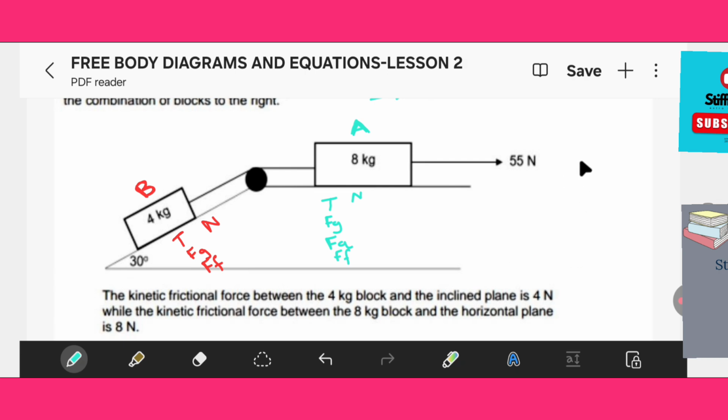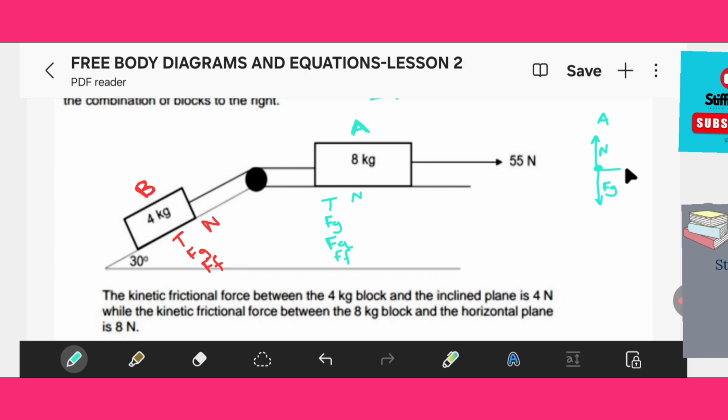So the free body diagram of this object now, so this is object A. So let's see how we can draw the free body diagram. So we are going to have the object represented by a dot, and straight up we are going to have the normal force. We are going to have the gravitational force, which is Fg.